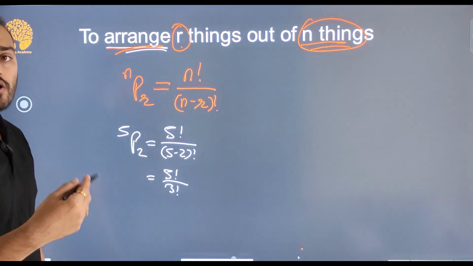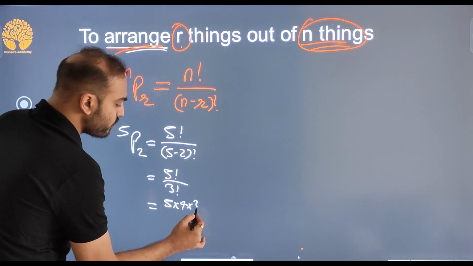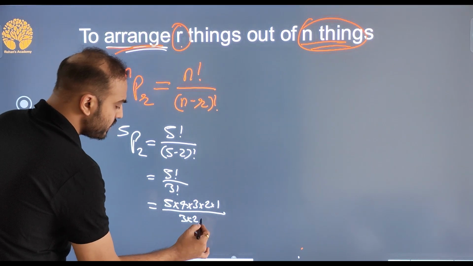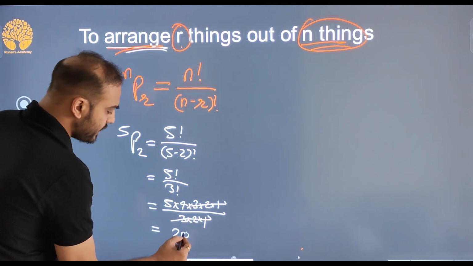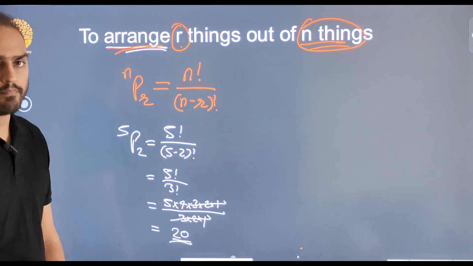Now I'm assuming all of us already know what factorial is. So 5 factorial is 5 into 4 into 3 into 2 into 1. 3 factorial is 3 into 2 into 1. That cancels out. 5 into 4, that's 20.